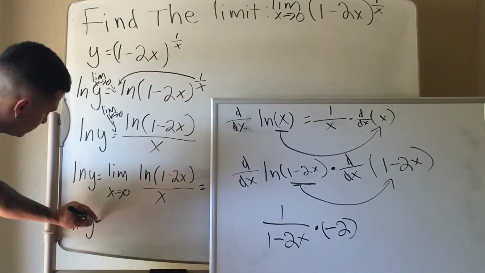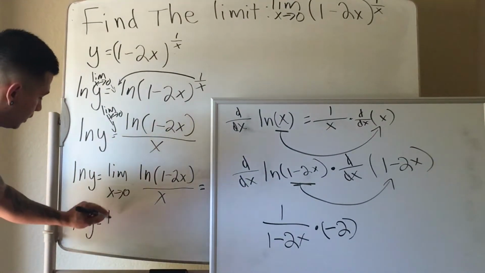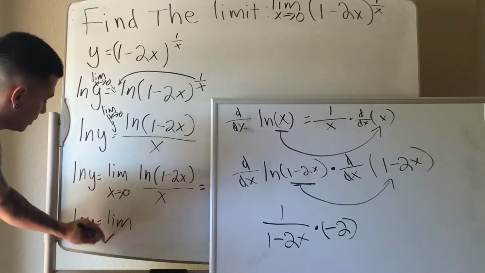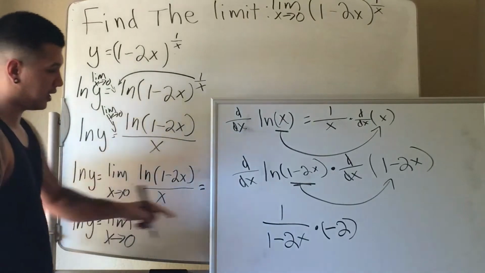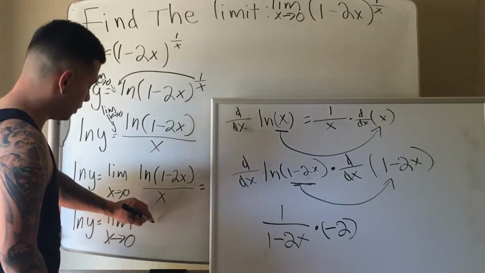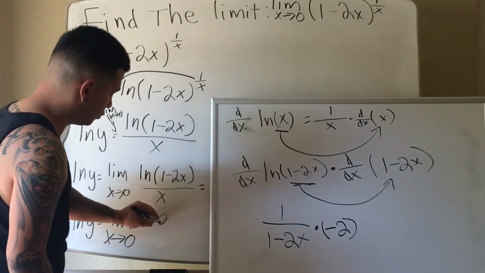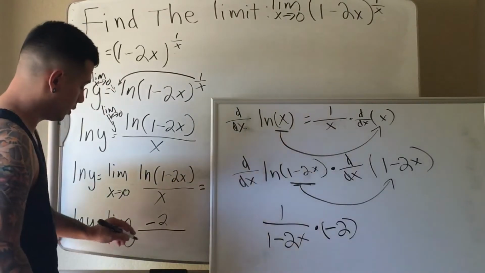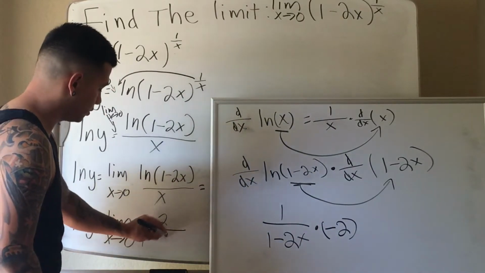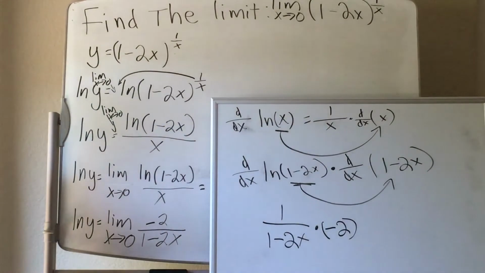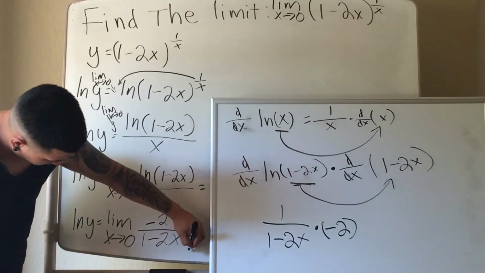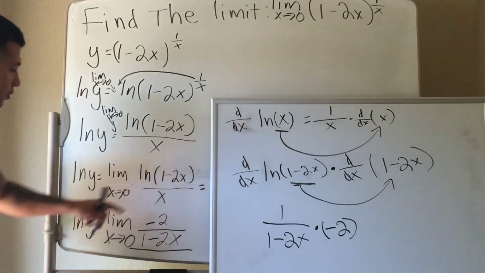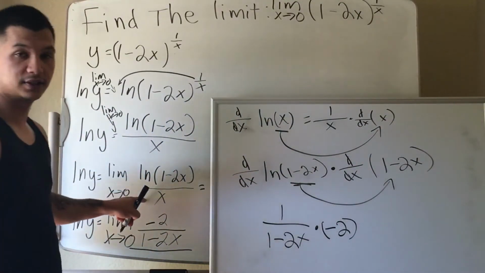ln y is equal to the limit as x approaches 0 of the derivative of that, which becomes negative 2 over (1 minus 2x), over the derivative of x.